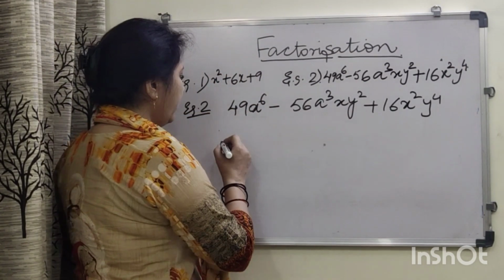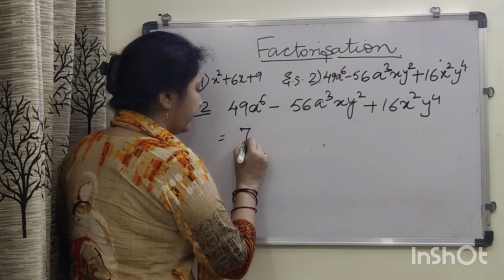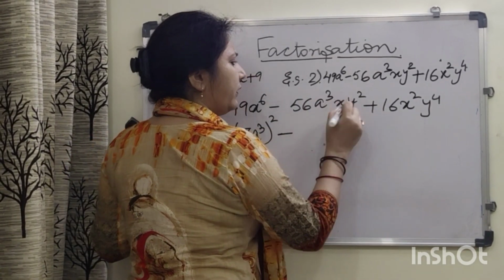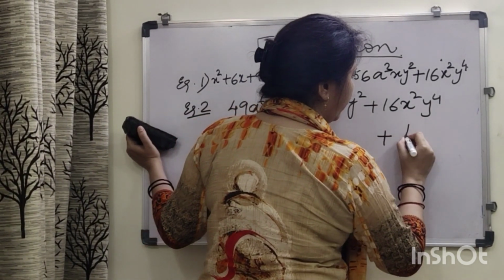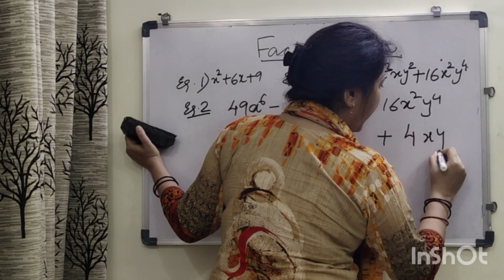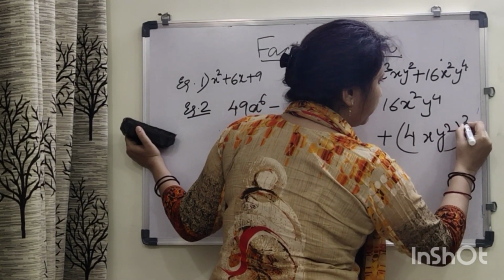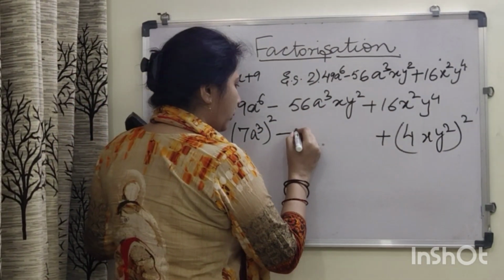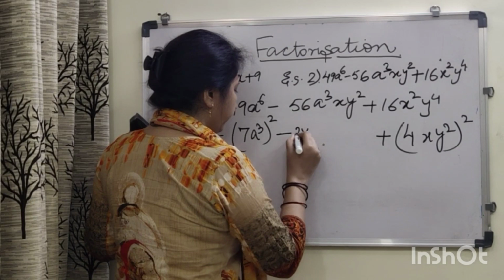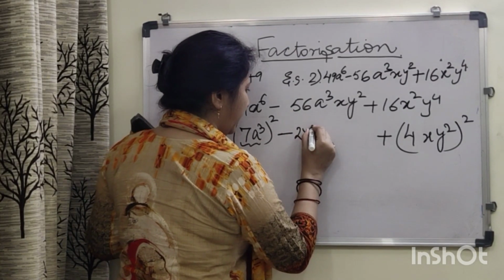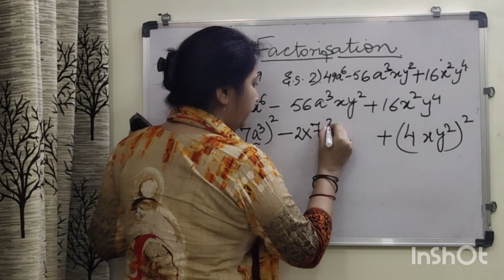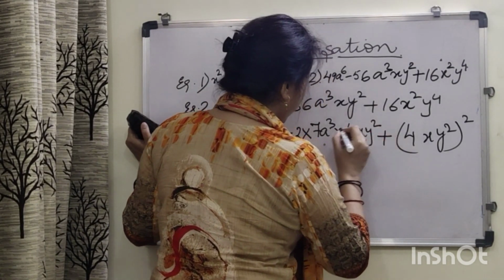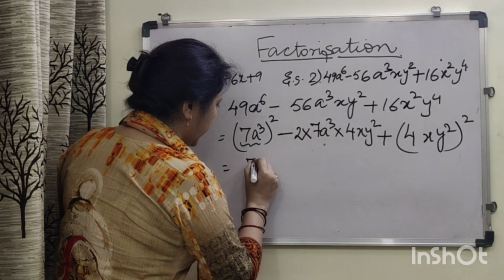Now let's see. 49a to the power 6 is 7a cube whole square. Leave this term in between, and this is 4xy square whole square. Let's write the 2ab term on our own. Twice the product of these two terms. 2 into your a is 7a cube, b is your 4xy square. Now let's see what do we get in the next terms.